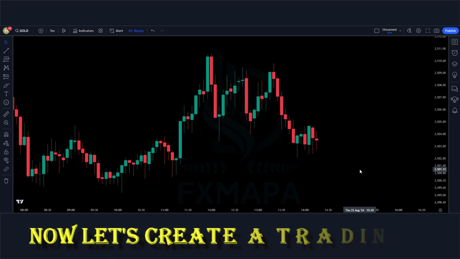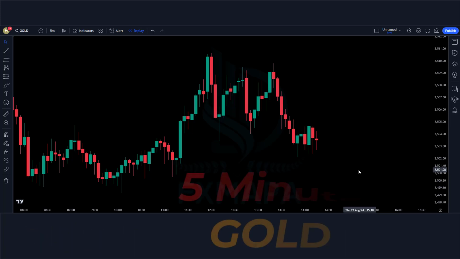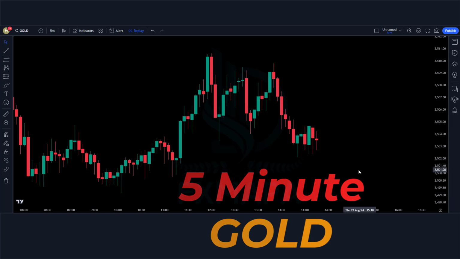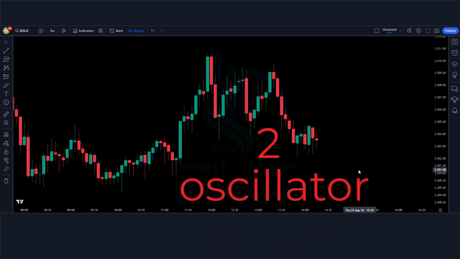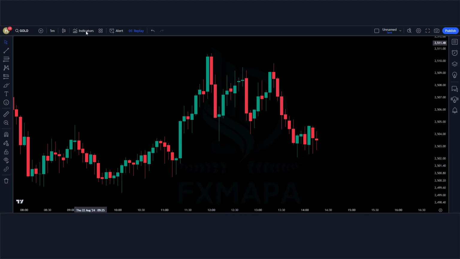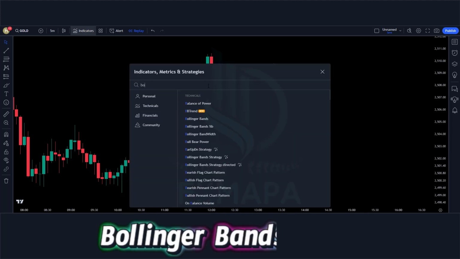Now let's create a trading setup. We are going to test this strategy on the 5-minute time frame and gold chart. In this setup we would require two oscillators. First indicator name is Bollinger Bands filter.